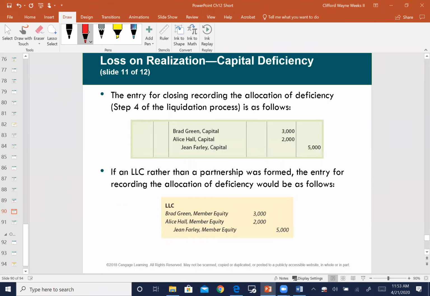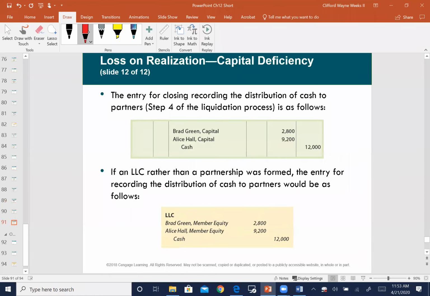And so the journal entry reduces the capital and splits it among the two remaining partners. Then they can pay out the cash that remains, based not on the partnership agreement, but on their capital balance.